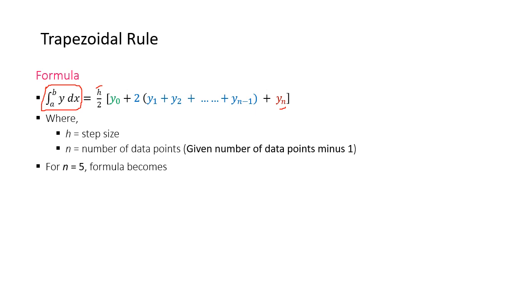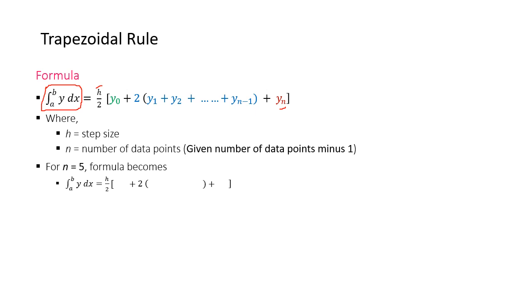For example, if n is equal to 5, then the above formula becomes... So let us write the formula when n is equal to 5. That's why I have deliberately put the terms into different colors so that we can understand how to reduce this formula when the value of n is particularly given.